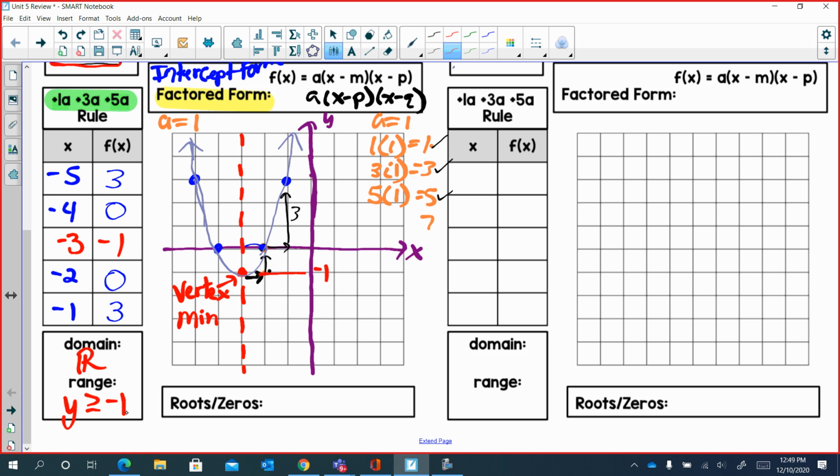Roots and zeros. Okay, your roots and zeros are like your x-intercepts. So if I point right here, there, and there, those are the roots. So where does the parabola or u touch the x-axis?